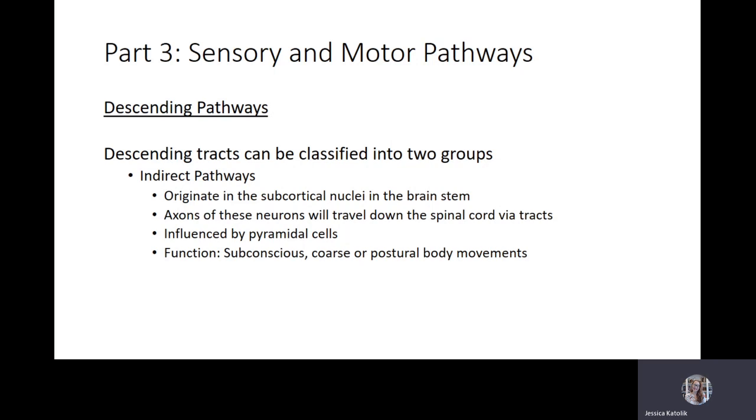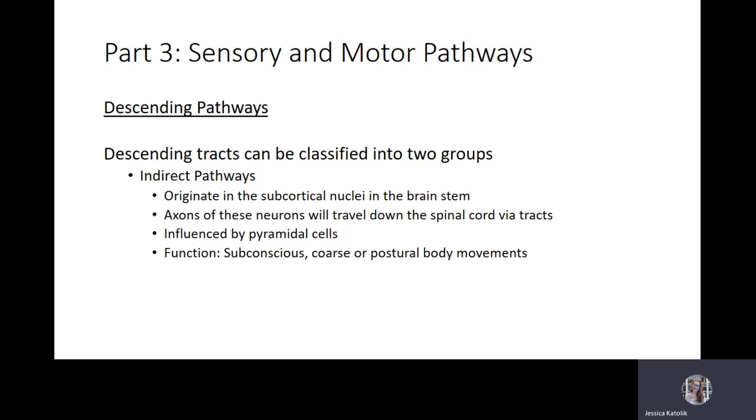So what is the function of these pathways? This would be responsible for subconscious and or coarse movements, and also postural body movements. So if we're sitting at our desk or standing, we don't have to actively tell our muscles to contract to maintain our body posture.